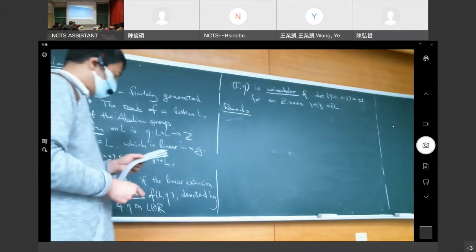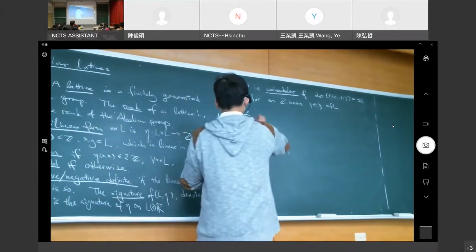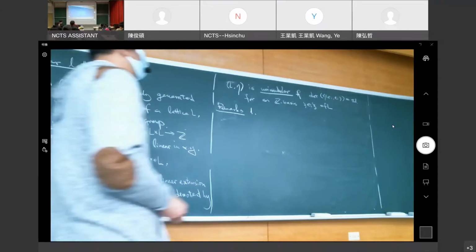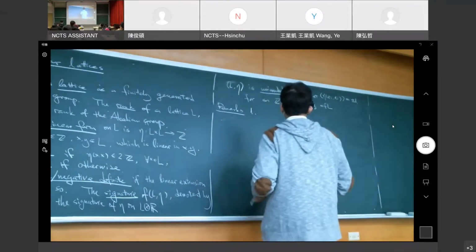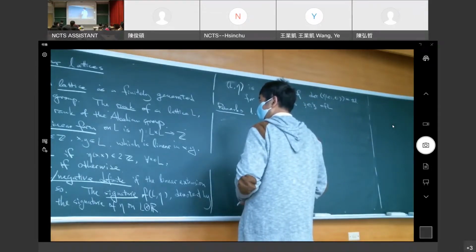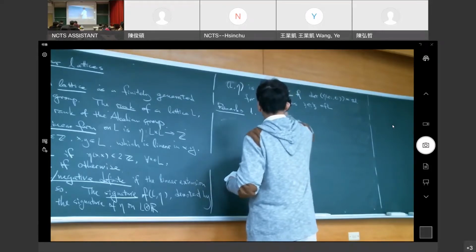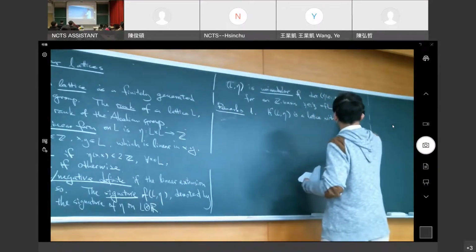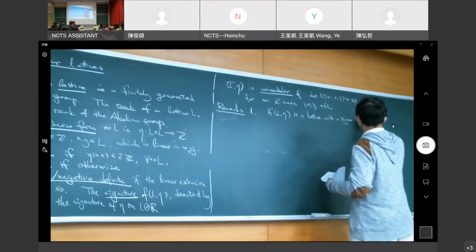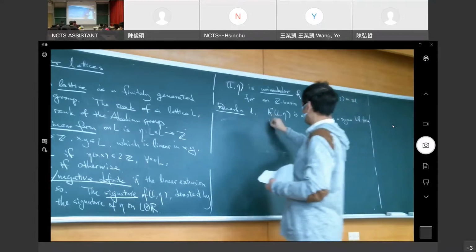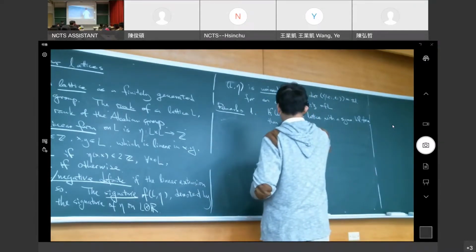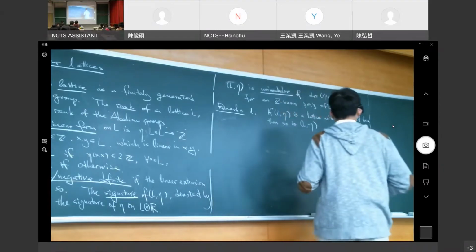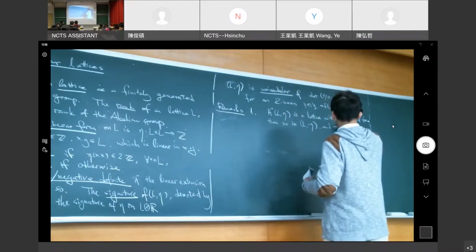So the first remark is that if (L, eta) is a lattice with a symmetric bilinear form, then of course you can reverse the bilinear form, and it has an opposite signature.